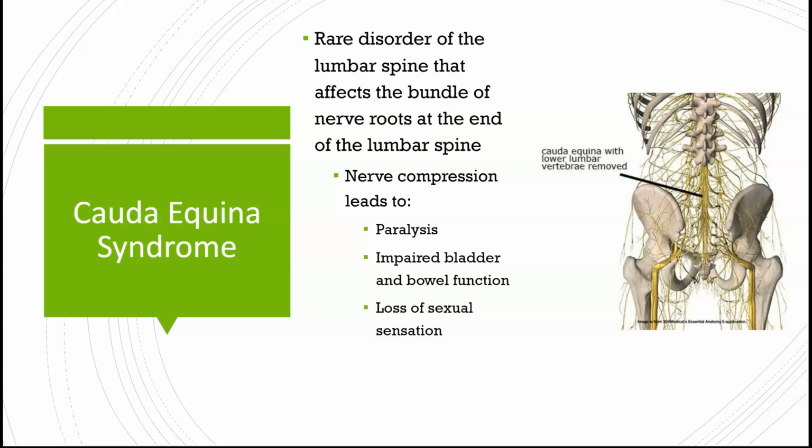You still have a bit of the spinal cord, but it starts to separate, and Cauda equina means horsetail. So it starts to go out all over the place in less of a strict spinal cord fashion.